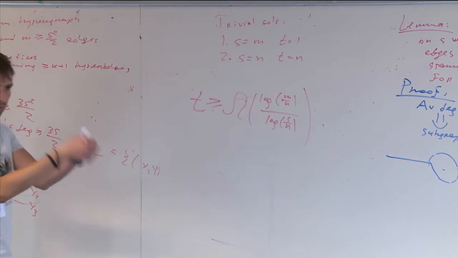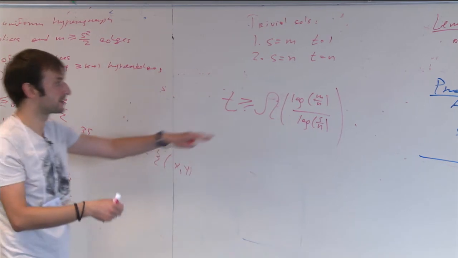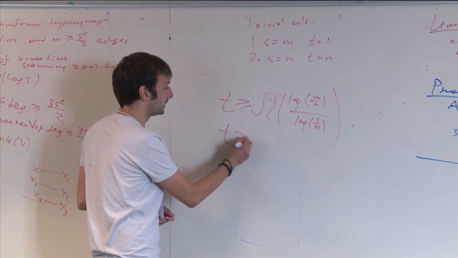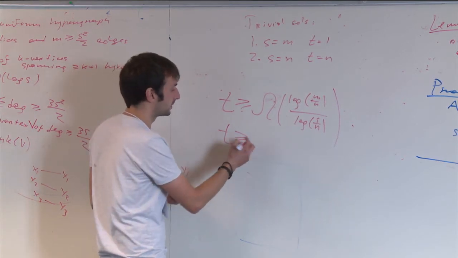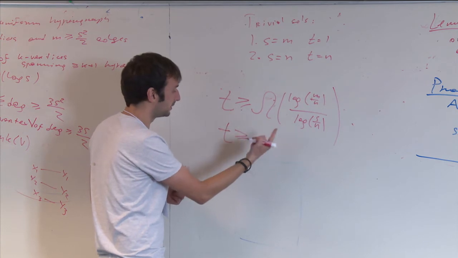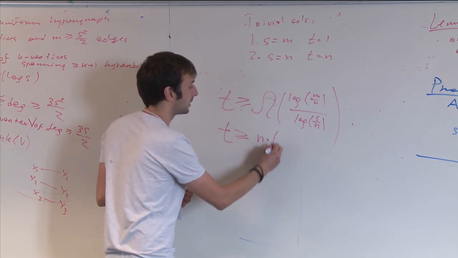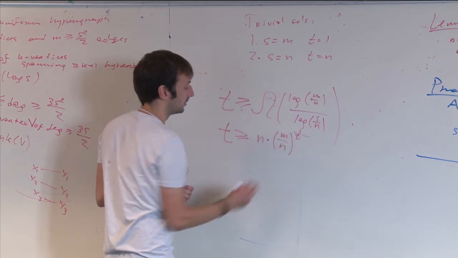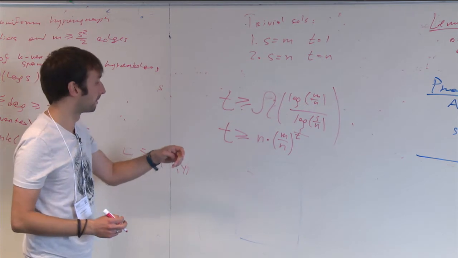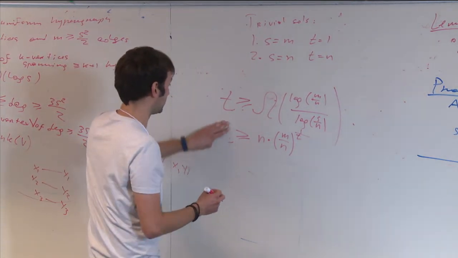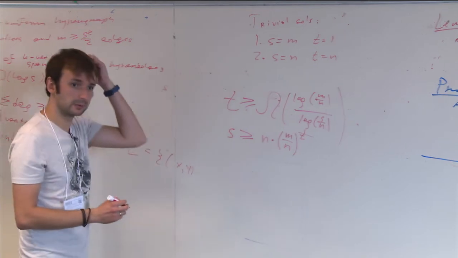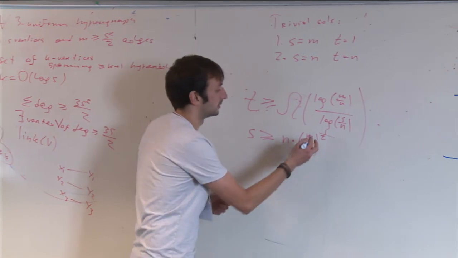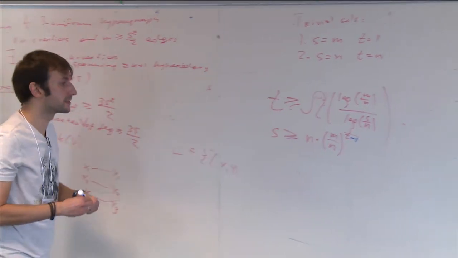This can be proved by sampling a random set of cells, and this is tight up to constants here. Now, if you sample a random set of cells, you'll get the same bound in terms of t: s is n times m over n to the power 1 over t. Same bound, but written in terms of s. So this is not tight. Here you can actually improve it to this. And this is tight, yeah.